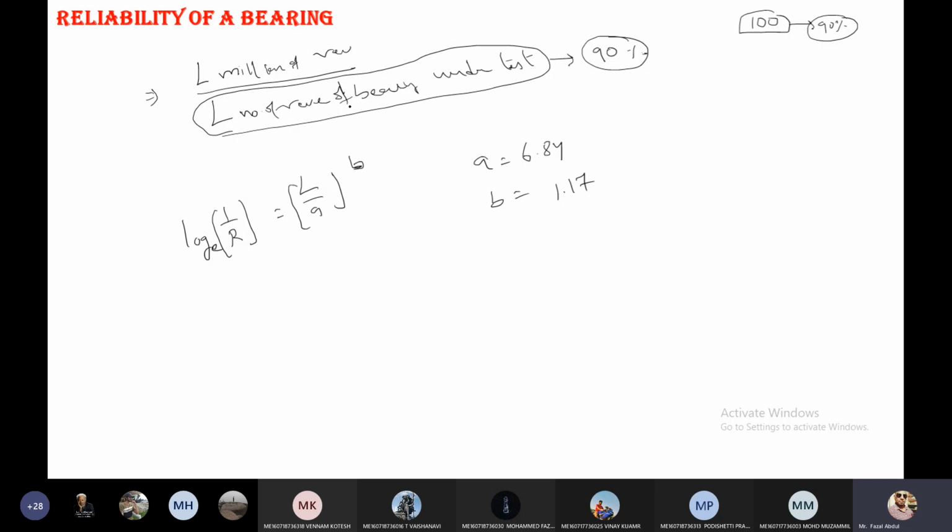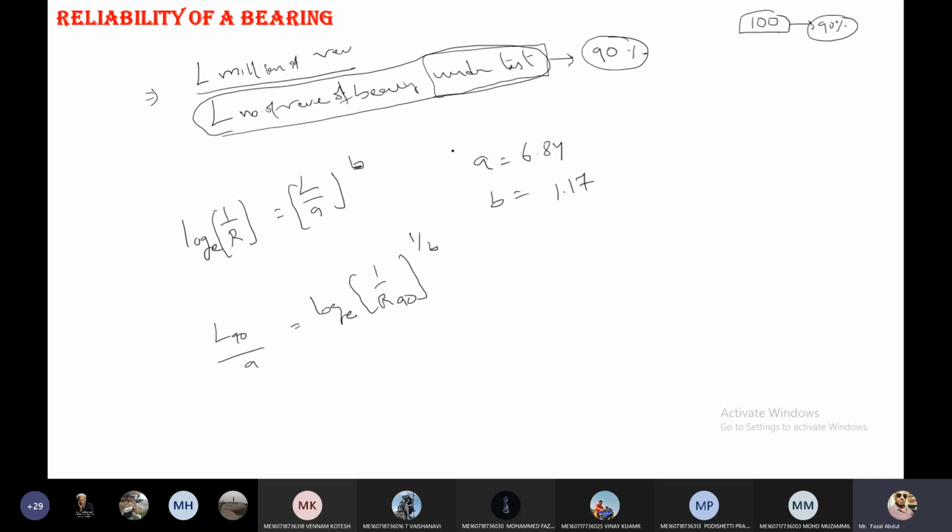Now, just now I said, under test, after conducting the test, only 90% of the bearings are going to be in safe condition for the particular fatigue limit. Okay. So for the 90% reliability, that's the reason I am writing this equation for 90%: L90 by a equals log e 1 by R90, that is 90% reliability, to the power 1 by b.